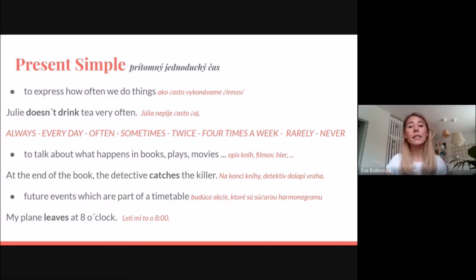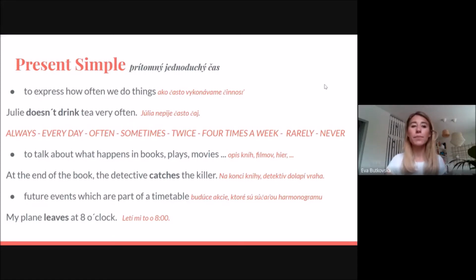And the last example or last case, when we use present simple, I want you to focus on this one. We use present simple to talk about future events which are part of a timetable. So when you think about it, they are future, but they are scheduled. They are part of timetable. So for example, my plane leaves at 8 o'clock. So we use present simple because we know the exact time and it's scheduled and it's part of a timetable.